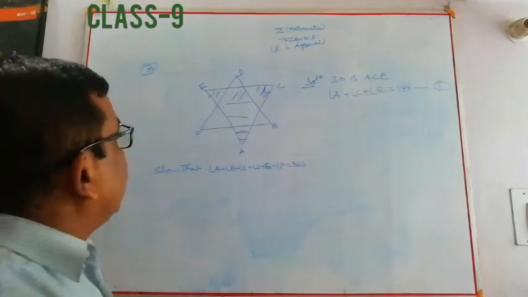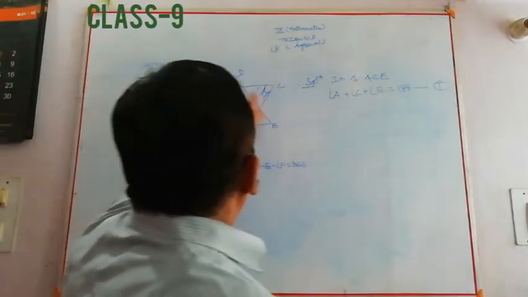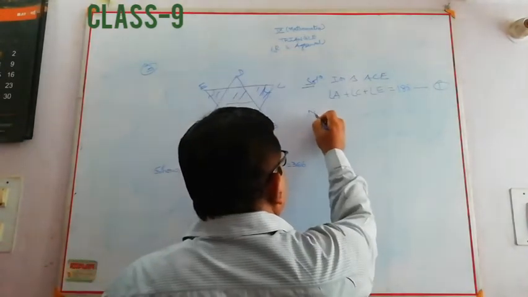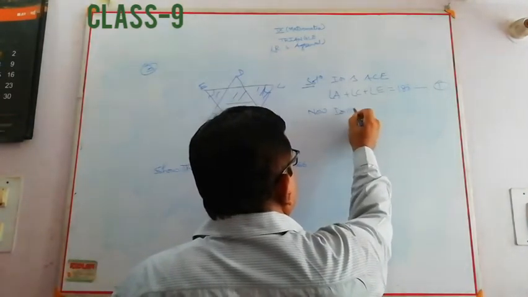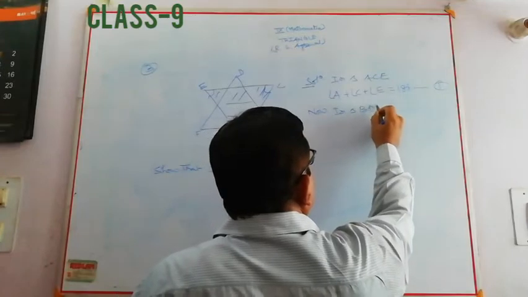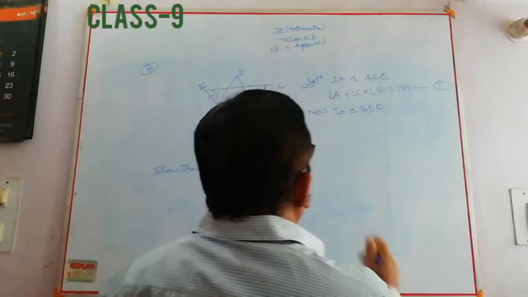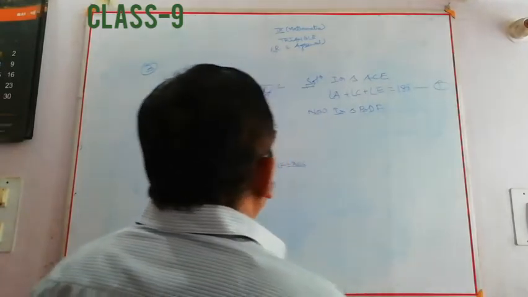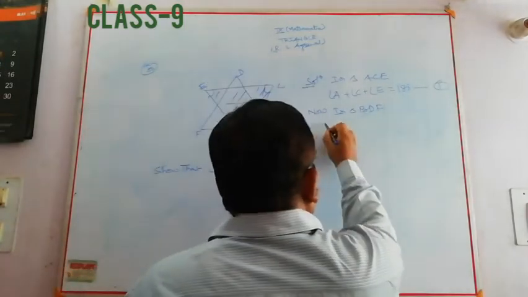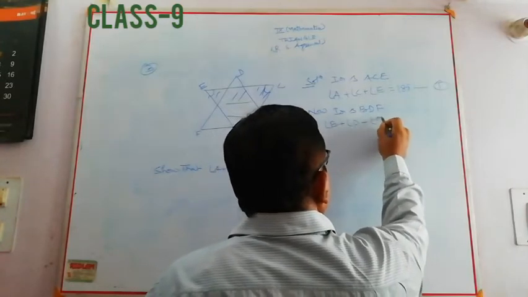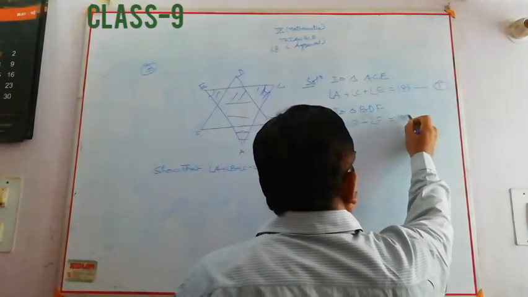Now, in triangle BDF, angle B plus angle D plus angle F is equal to 180 degree.